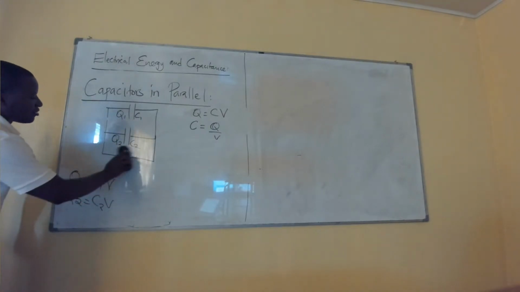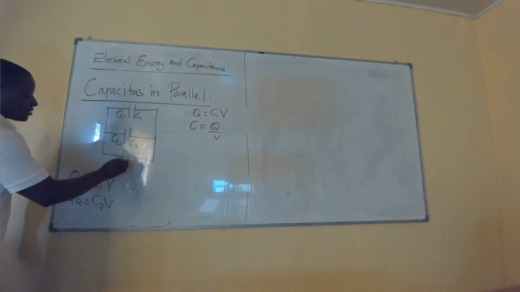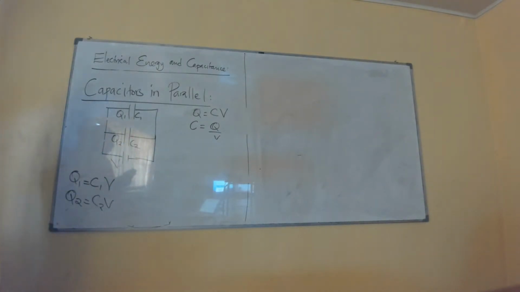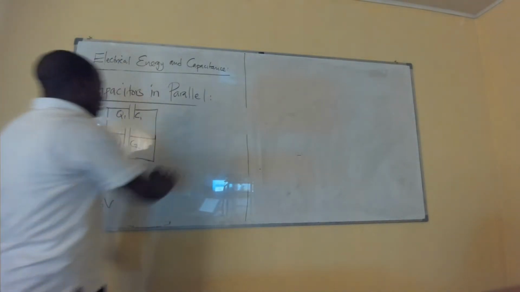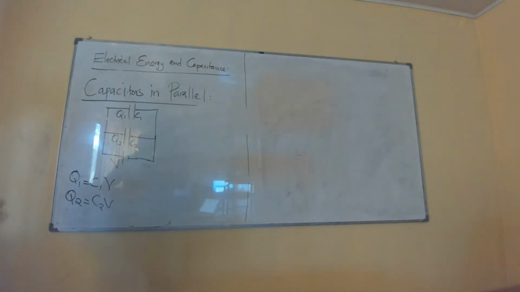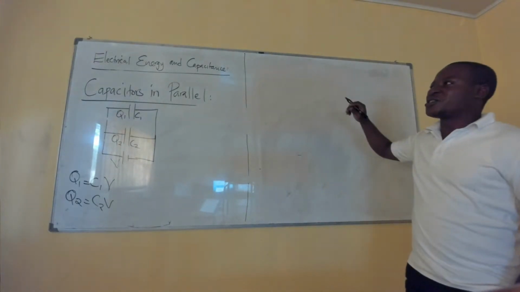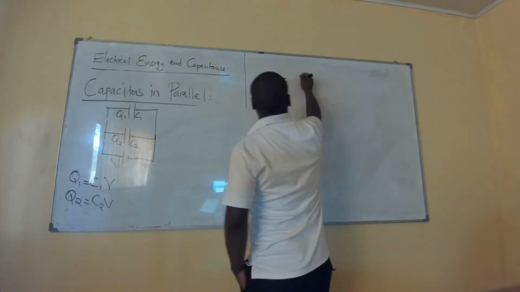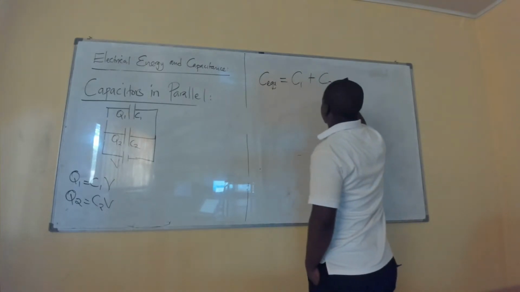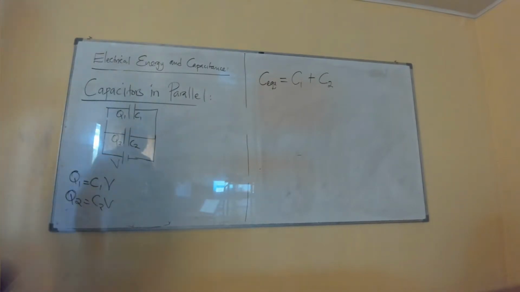Then we can put a battery source, so we can just put that as our terminal, which is our V, down here. Then what next? We want to say, okay, what is our C equivalent? So C equivalent must be equal to C1 plus C2. This is what we are looking for.